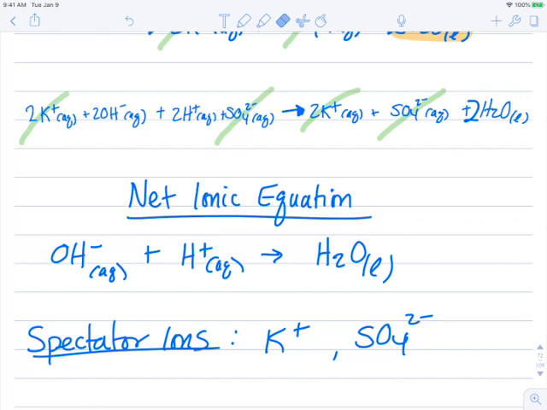But there is a practice quiz on net ionic equations. And since it looks like we may not get to have our quiz on net ionic equations, whenever we get back in class together and we do take our exam 2, I'm going to promise you there will be net ionic equations. So please make sure you study your net ionic equations. All right, but questions on anything so far?